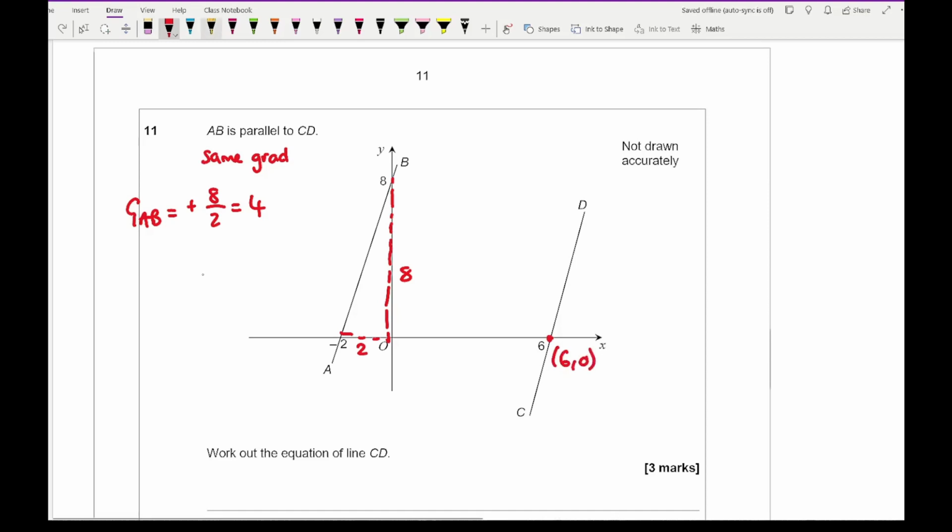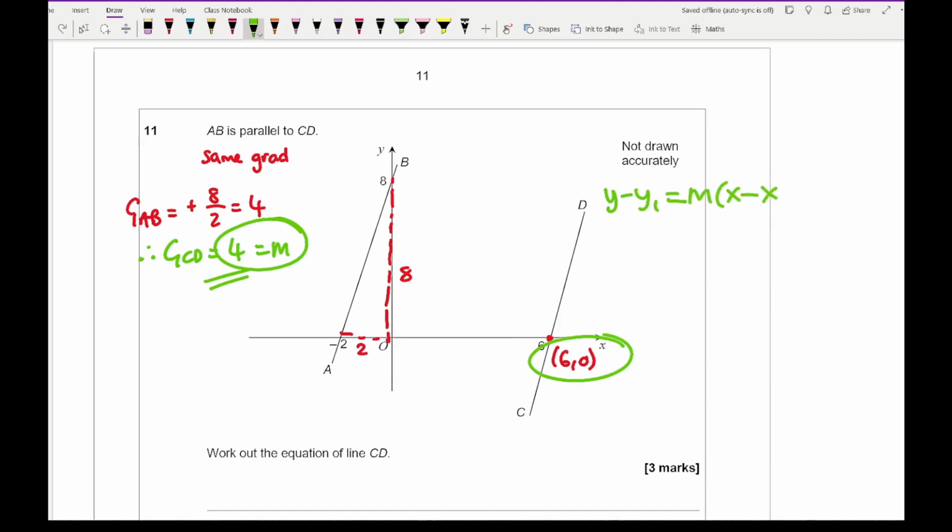So again, because I know the gradient and I know a coordinate, the gradient of CD is going to be the same. So that's what m equals. Then using these two bits of information, I get y minus y1 equals m(x minus x1). Substituting numbers in, I get y minus 0 equals 4(x minus 6). So then y equals 4x minus 24.